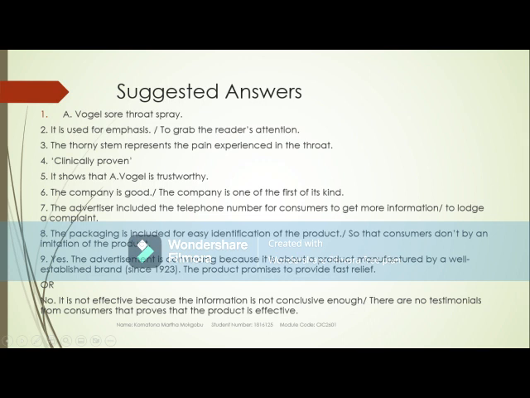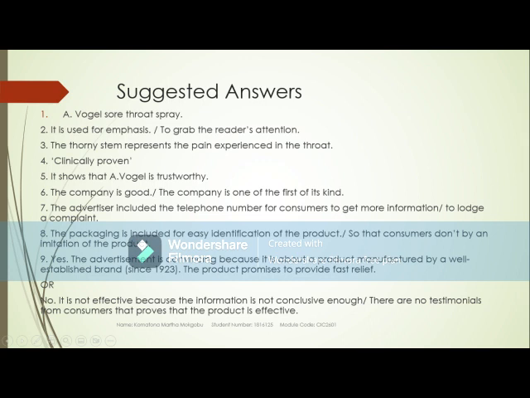Then number 4, it is clinically proven. Number 5, it shows that a logo is trustworthy. Then number 6 says the company is good. The company is one of the first of its kind.